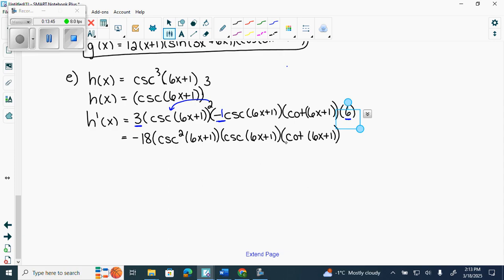No. This is cosecant squared 6x plus 1, guys, which is the same as cosecant 6x plus 1 times cosecant 6x plus 1. And what's beside it? A cosecant 6x plus 1. So can we not just put them together and make 3 of them? Probably. Yeah. Because it's multiplied.